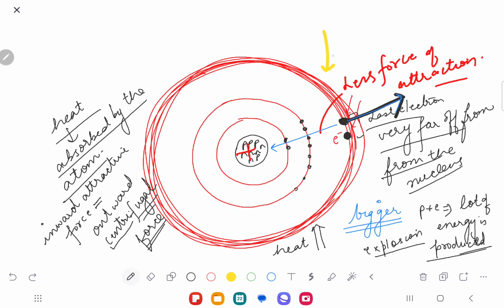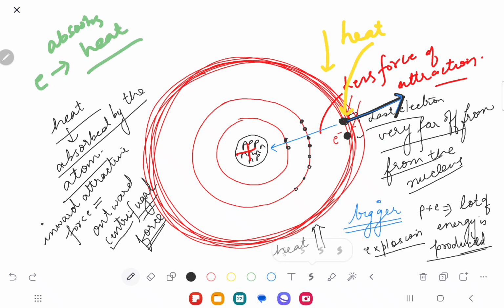But when you heat it, that heat is absorbed by the electron, and that heat energy, so the electron does what? Absorbs heat. And when the electron absorbs heat, it takes that heat and converts it into its own kinetic energy.